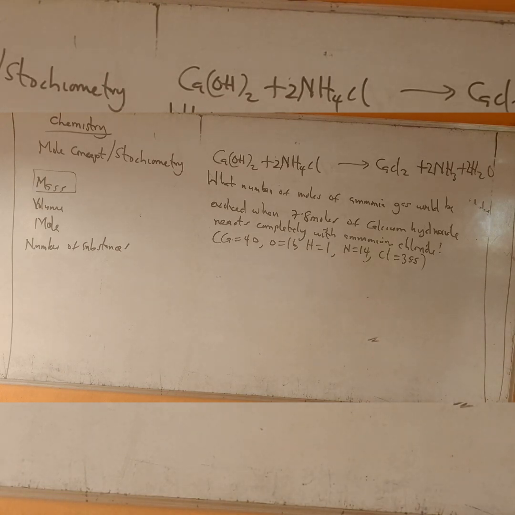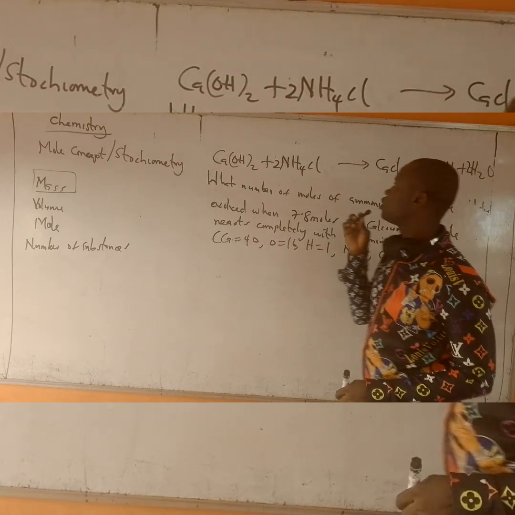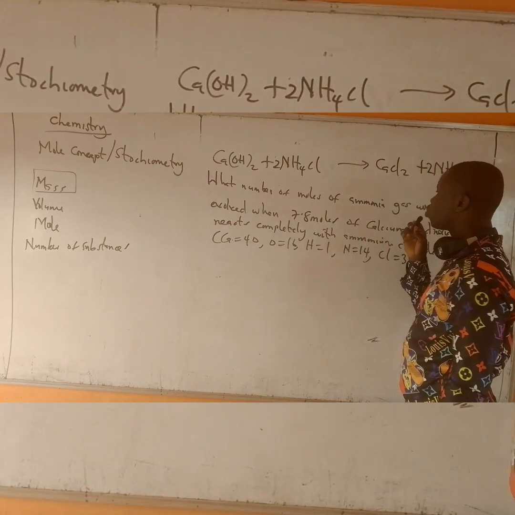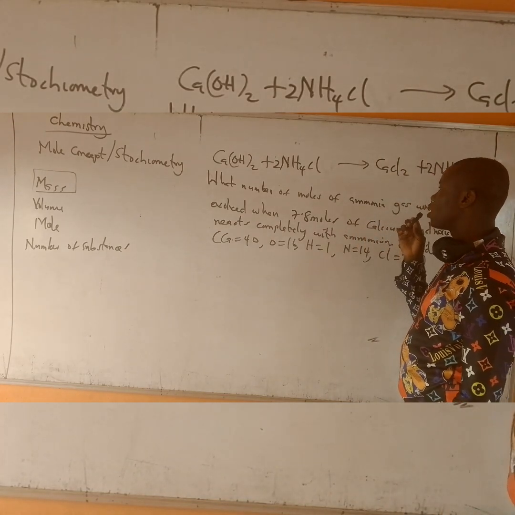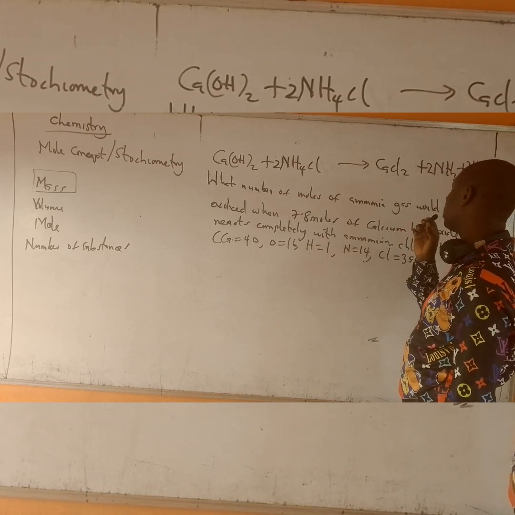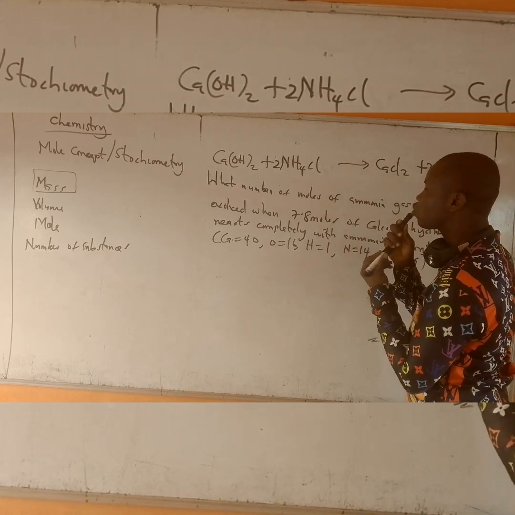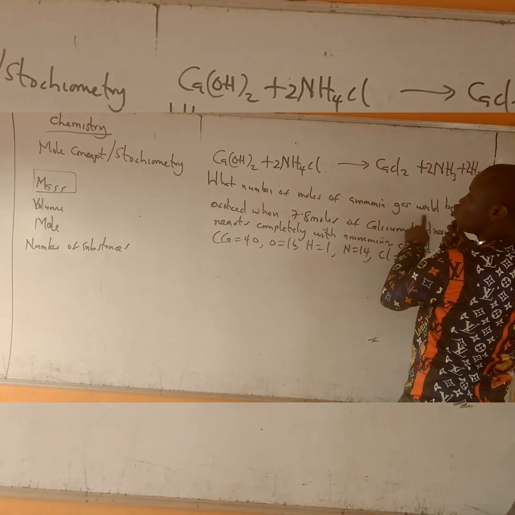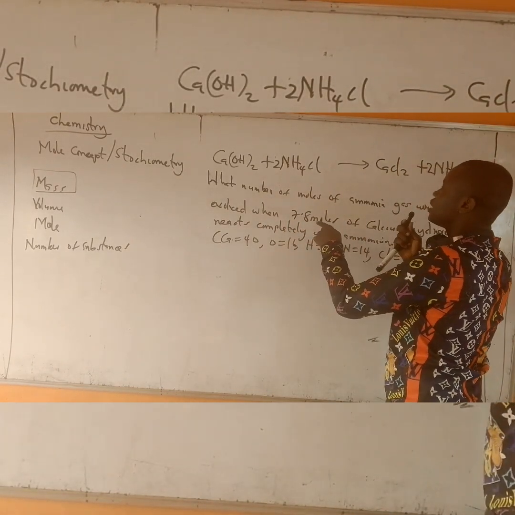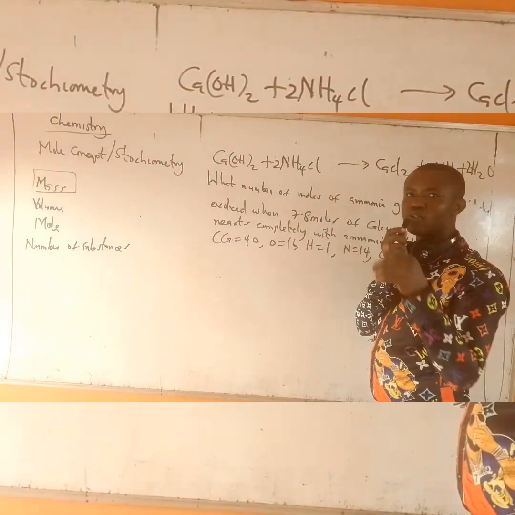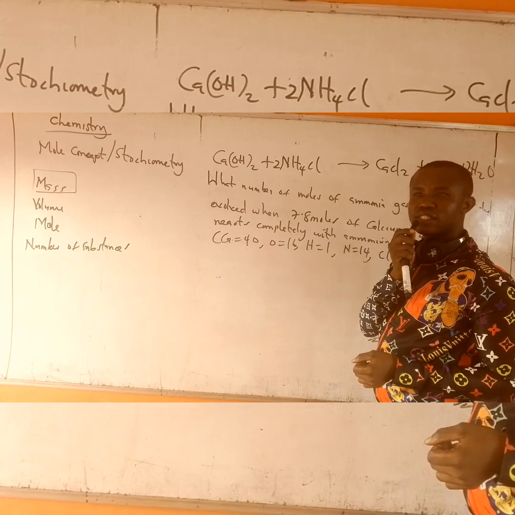So, we can see another question. What number of moles of ammonia gas would be evolved when 7.8 moles of calcium hydroxide react completely with ammonium chloride? So the two things we are looking out for: one of the substances is ammonia gas, NH3.